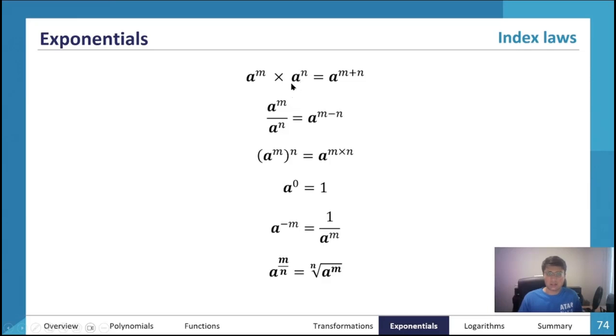So we would get a to the m over a to the n equals a to the m plus minus n, which is just a to the m minus n. I know that doesn't make much sense just saying it out loud, but keep in mind that these rules are very much interconnected, and eventually you'll notice those interconnections for yourself the more you use them.